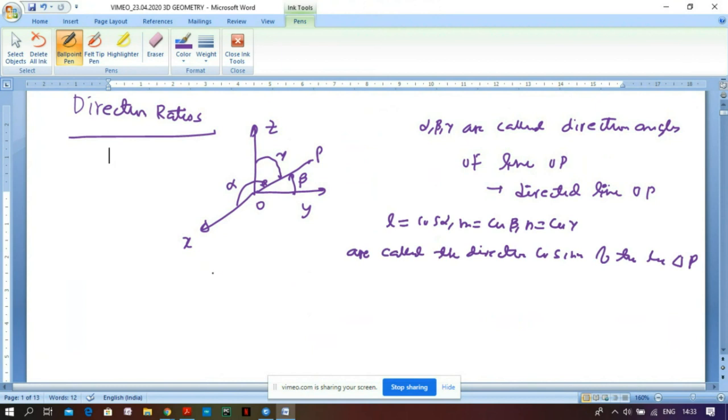In fact, direction ratios, in short DRs, and in the same vein direction cosines as DCs.